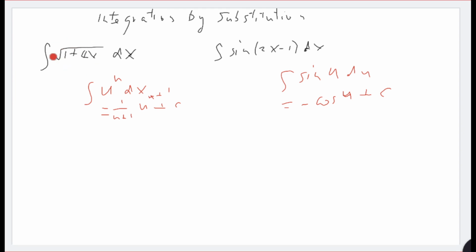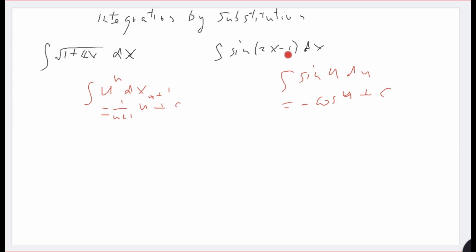So basically this would be turned into a power of a new variable, for which we have the integration of a power formula available. The integral of a power equals 1 over n plus 1 times u to the n plus 1, plus c. Right? So it's a change of variable or substitution by a new variable.